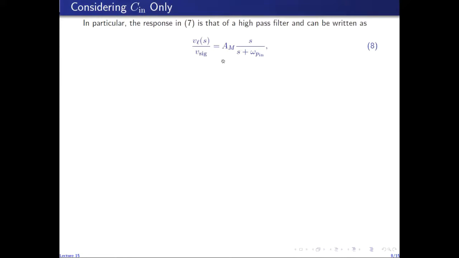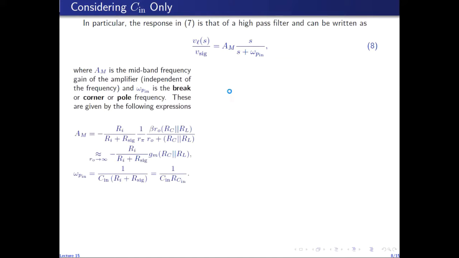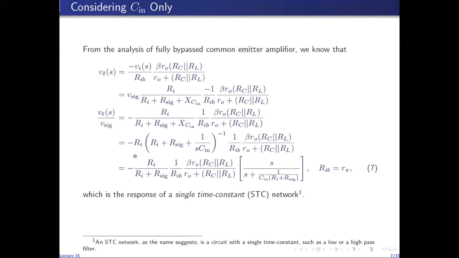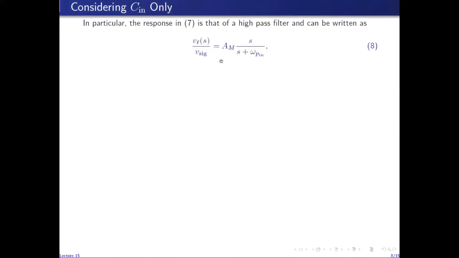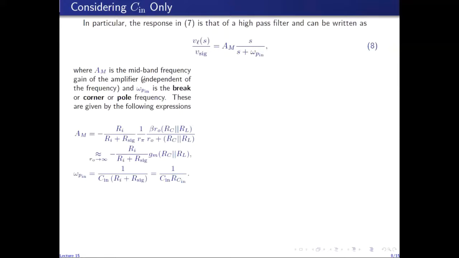So we can write it in this form, where AM is the frequency independent term, which upon close inspection can be seen to be equal to the gain of the amplifier in the mid-band frequency range. That is, when the effects of all the capacitors are ignored, the gain of the amplifier is given by this term. So we replace it with AM, and we call AM the mid-band frequency gain of the amplifier, and it is obviously independent of the frequency.